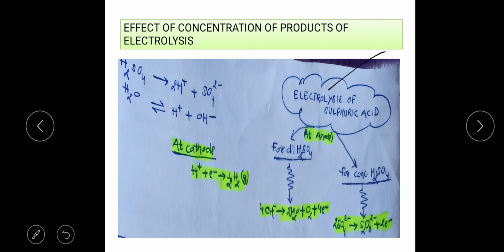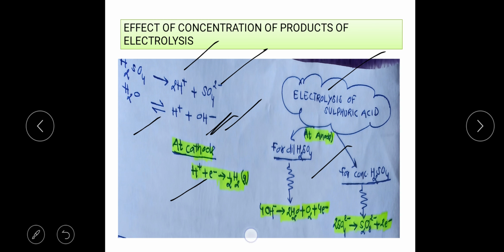Now let us discuss electrolysis of sulfuric acid. So whether you take dilute sulfuric acid or concentrated sulfuric acid, the cathode reaction will be the same, because these are the ions which are there in dilute or concentrated sulfuric acid. Now the problem is the reaction which takes place at the anode. When we take dilute sulfuric acid, we have more OH negative as compared to SO4 2 negative.